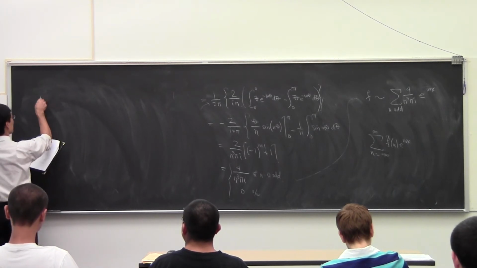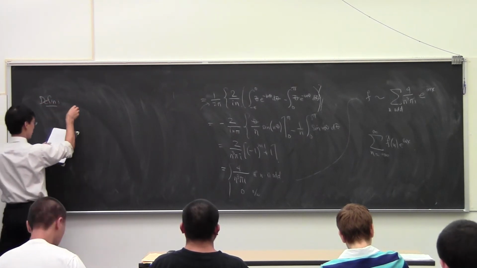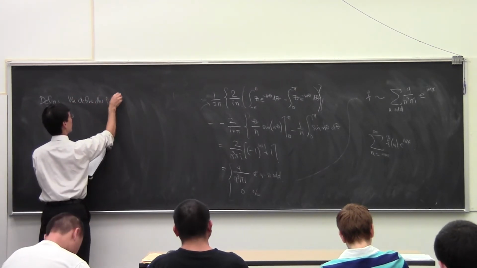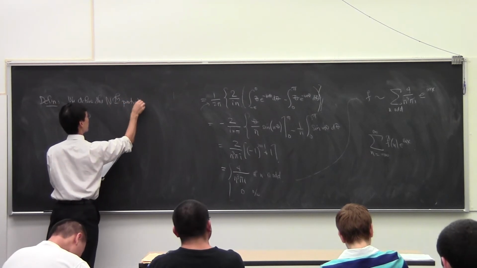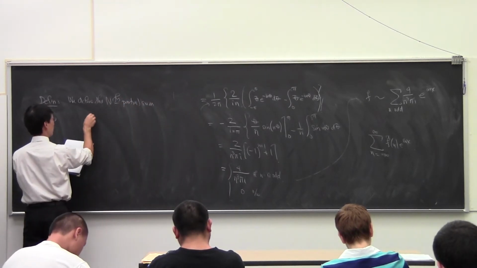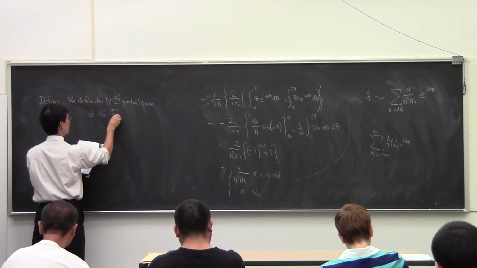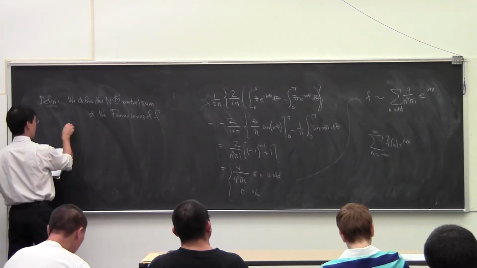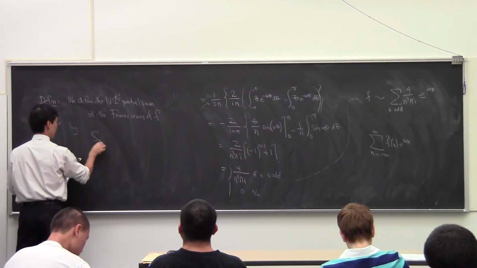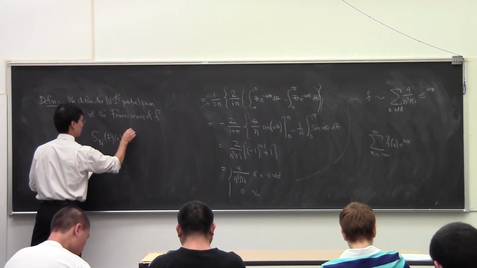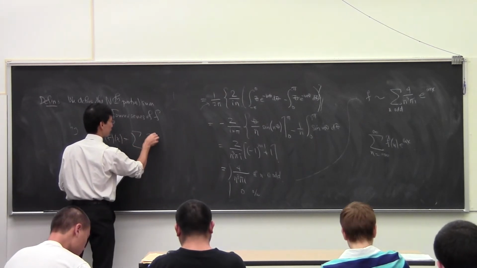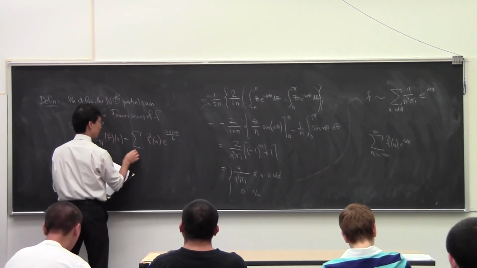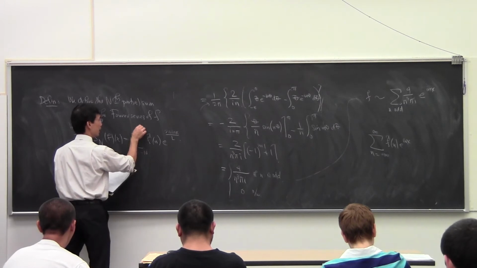so let me just be more formal about it. We define the nth partial sum of the Fourier series of f by S_n f(x) as the sum of the Fourier series terms as n ranges from minus n to n.